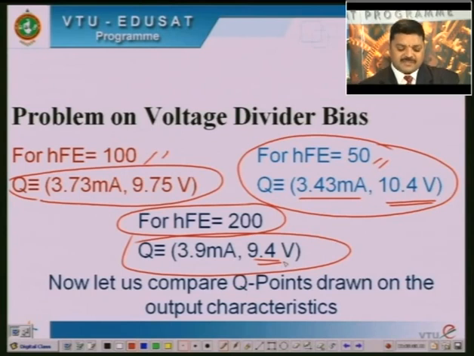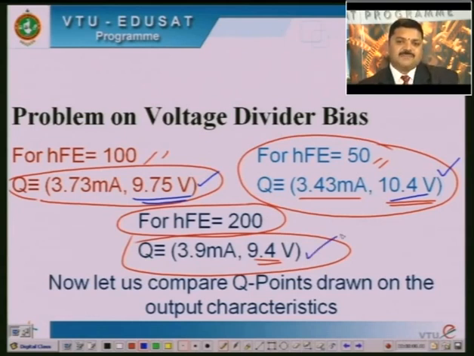Similarly, we can see the VCE points. VCE for the first value, that is HFE equal to 100, was found to be 9.75 volts, and the operating point VCE for HFE equal to 50 was found to be 10.4, and for HFE equal to 200, VCE was found to be 9.4 volts.